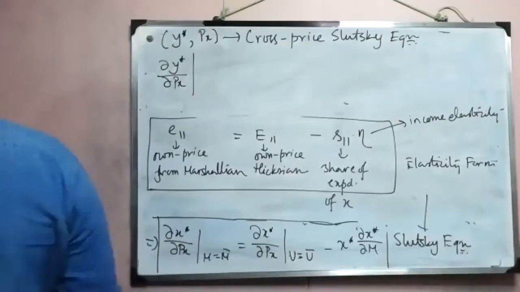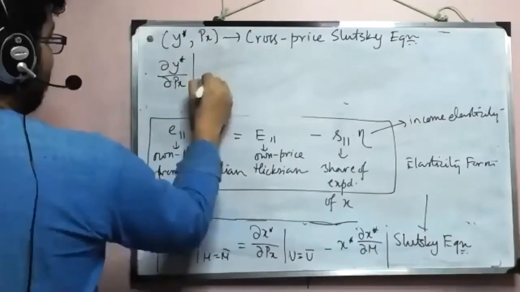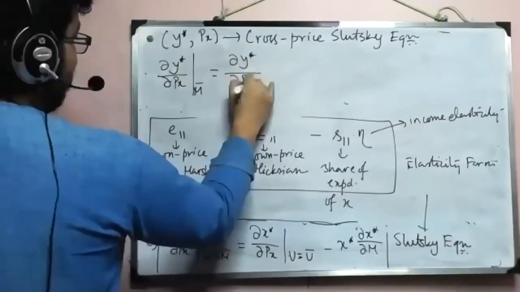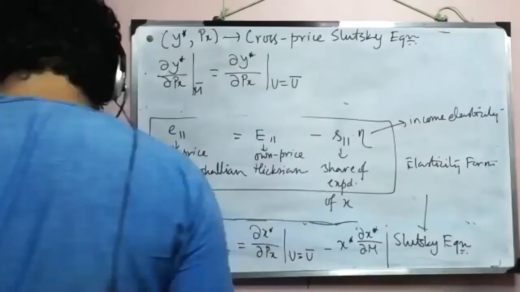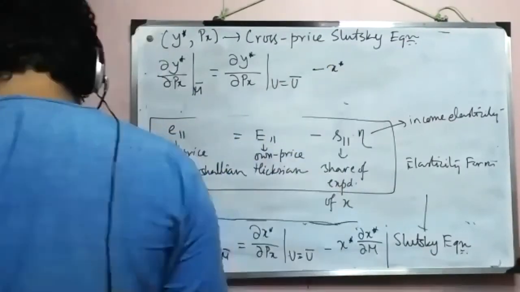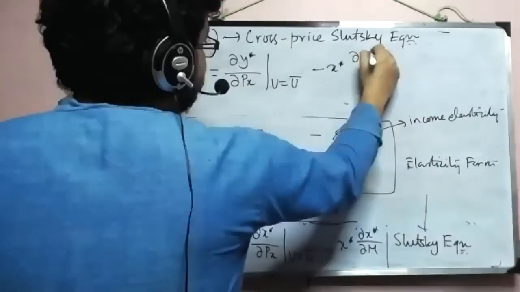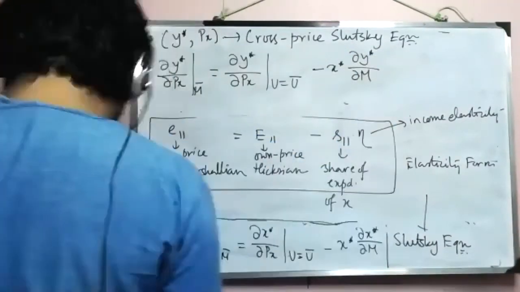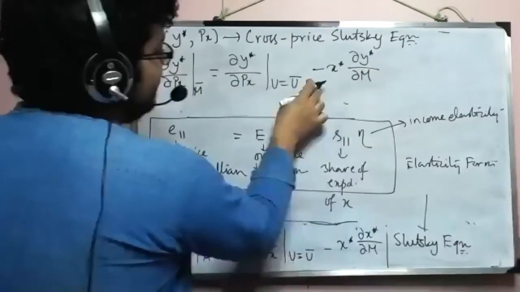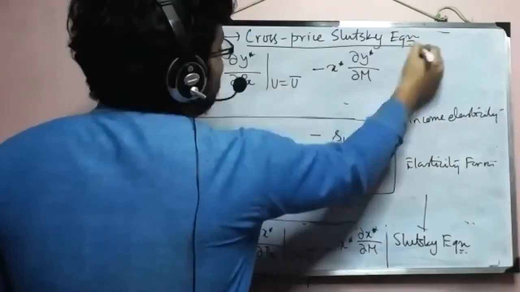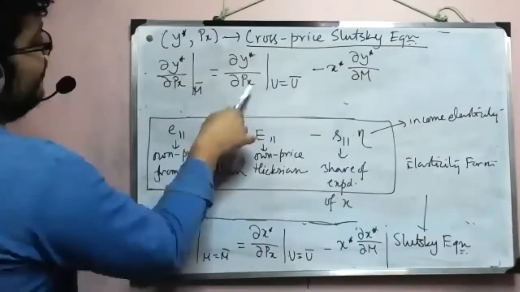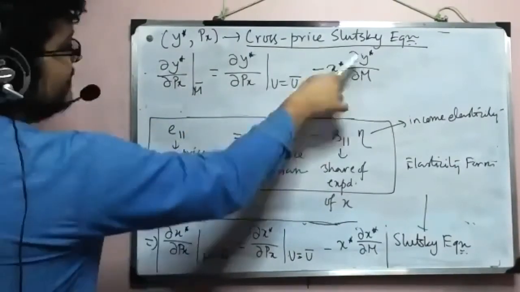So this again is coming from the Marshallian, and then del Y star del Px, so equal to U bar, and minus this X star remains the same, del Y star del M. So you can see that this is my cross price Slutsky equation. Okay, so del Y star del Px, M bar and U bar, and then X star.